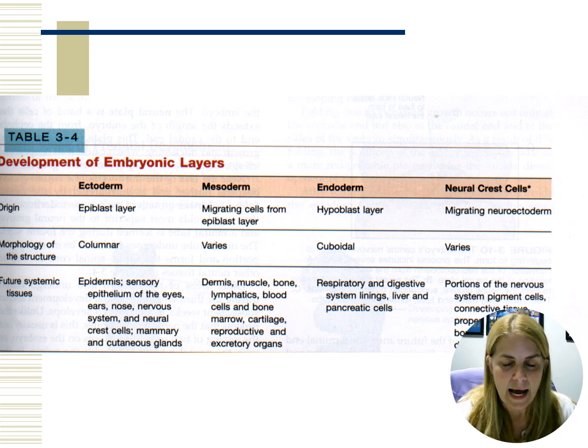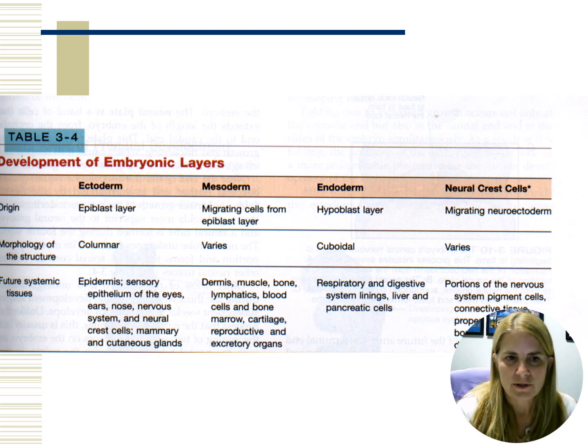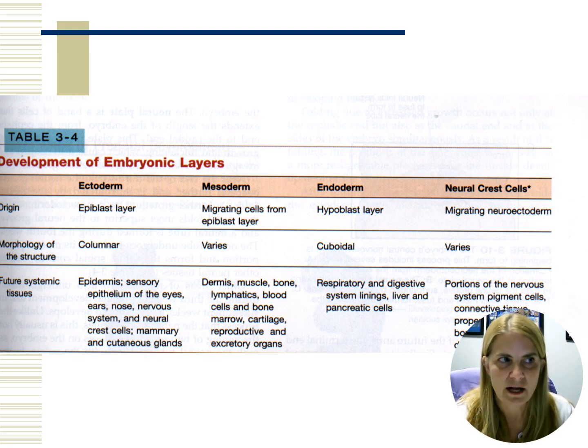So there's a lot more underneath the surface for neural crest cells, mesenchyme, and ectomesenchyme, which is specifically a specialized form of mesenchyme for formation of the pulp, the dentin, the cementum, alveolar process, and some of our tooth structures there. So this is our table that shows the development of those embryonic layers we've been talking about.